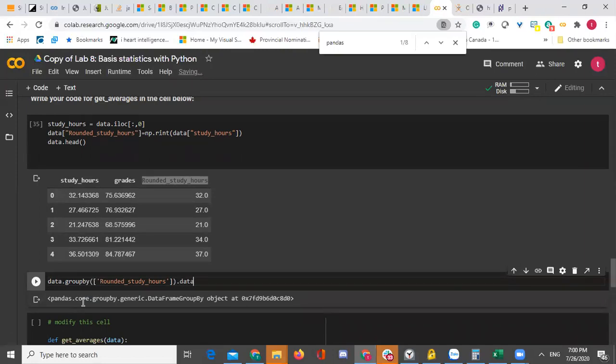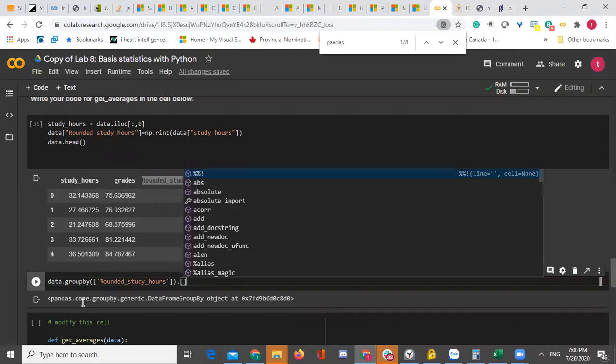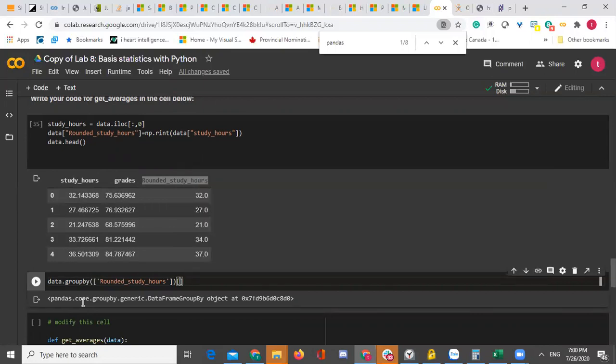Put it between brackets, but without the dot. Oh, I see. So we get the values.